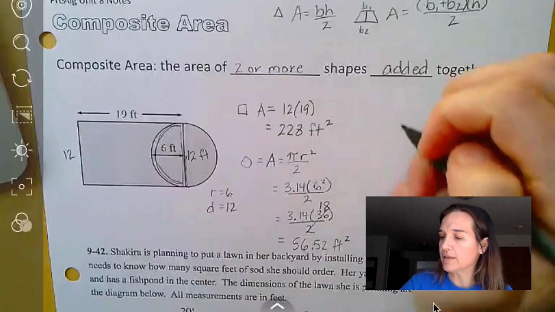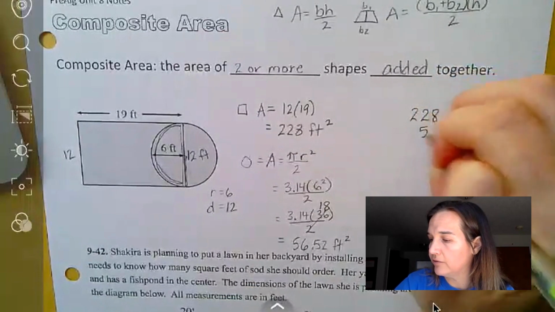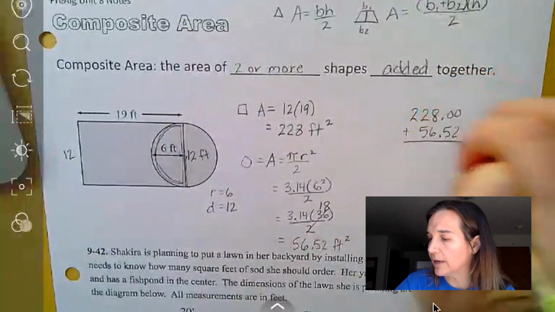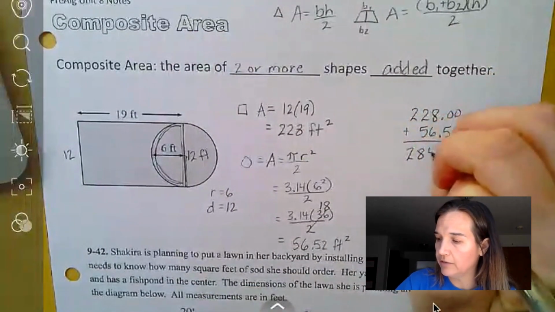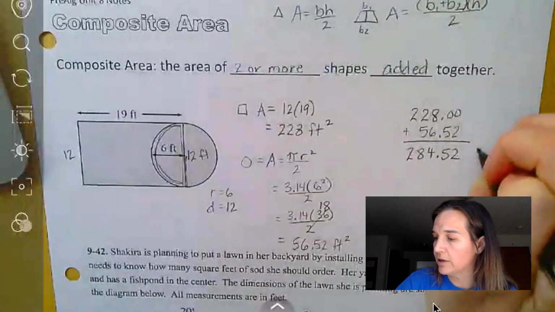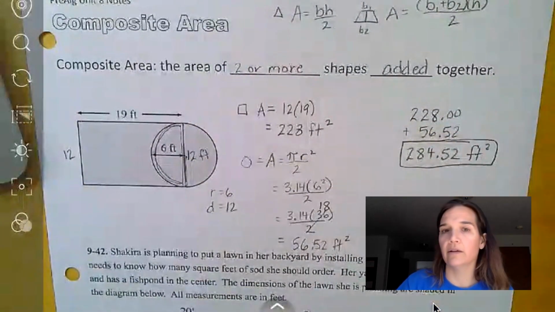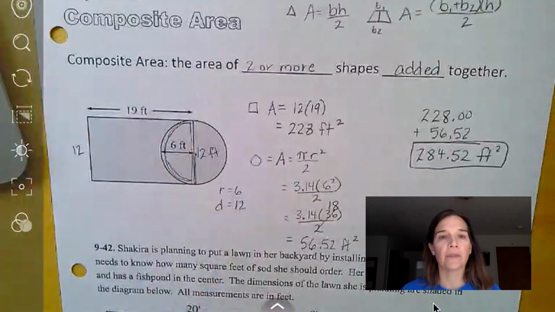That will give us our composite area. So we had 228 and 56.52. Line up our decimal points when we're adding. And we end up with a total of 284.52 feet squared. And there it is, composite area for this basketball key over here.